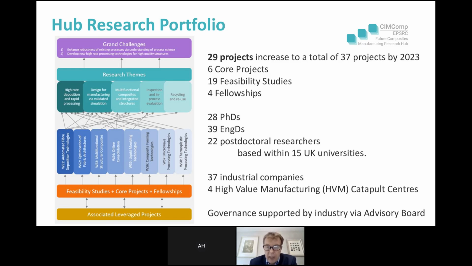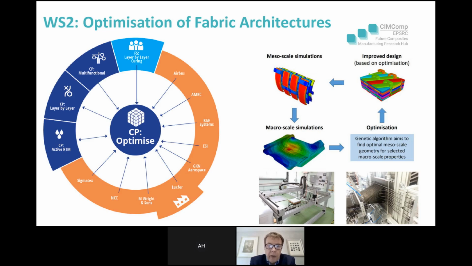Today's webinar is all focused on work stream 2. We try and categorize our work streams by these daisy diagrams here. At the center of the daisy diagram is our core project, Optimize, and Andy, Prasad, Louise, George, Vivek, and Roy will all talk about this later on. Mikhail too, I nearly missed out Mikhail.